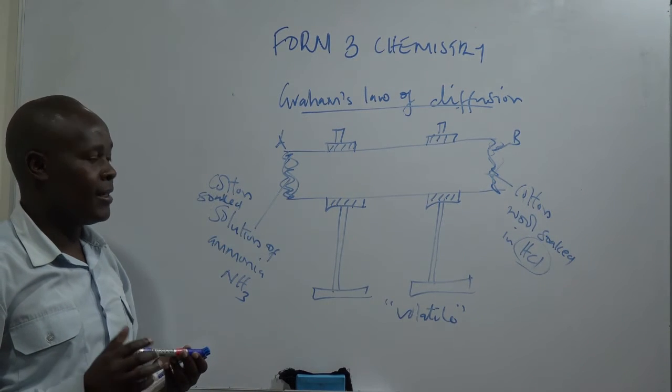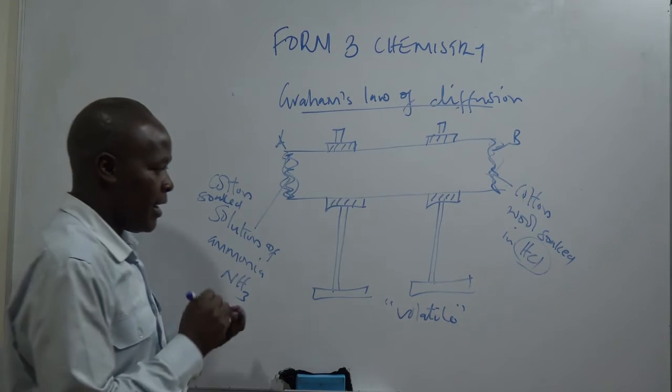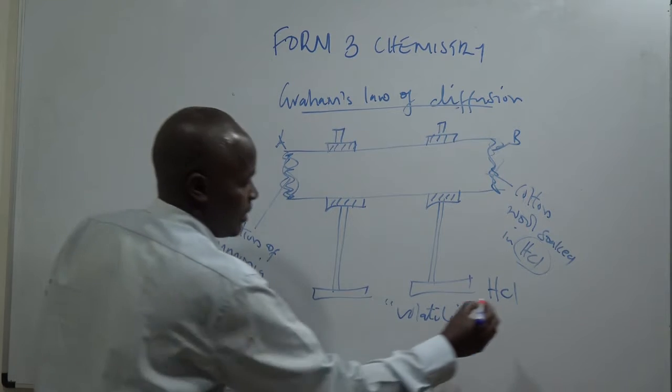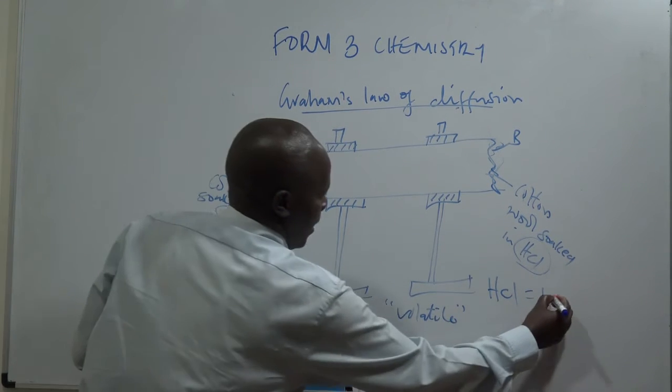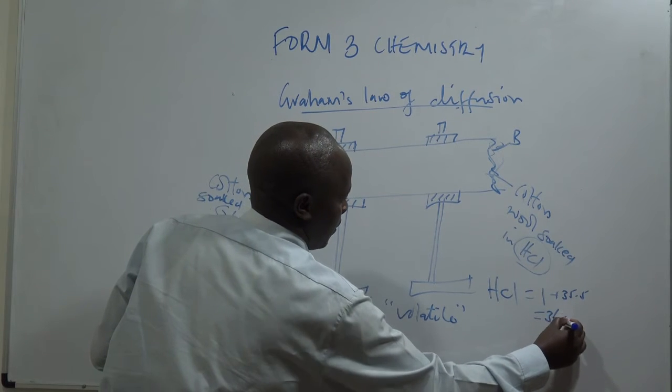And their difference is in reference to their relative molecular masses. Whereas the relative molecular mass of hydrogen chloride gas is equal to 1, that's the RAM of hydrogen, plus 35.5 for chlorine to give us 36.5.